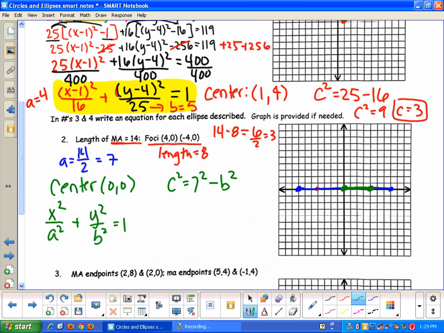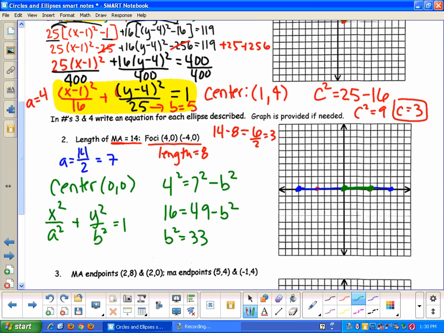So if that distance right there is a distance of 4, then I know this is going to be 4 squared here. So 4 squared is 16 equals 49 minus b squared. So then I want to take the 49 to the other side. When I solve, I get b squared is equal to 33.